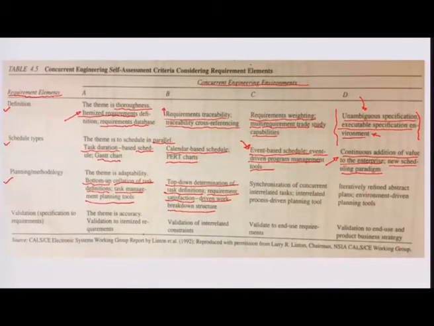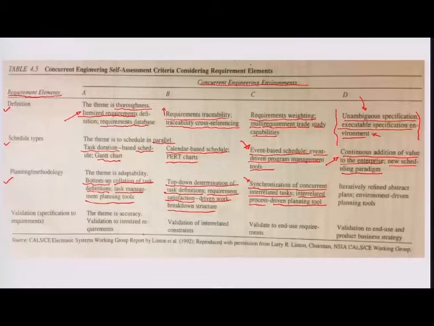There could also be yet another level where we talk about synchronization of the concurrent interrelated tasks, how in time they are spaced with respect to each other. Are they interrelated processes? Do they have a planning tool to lay them out parallelly in time as well as sequentially? That is what level C for such planning methodology would be.